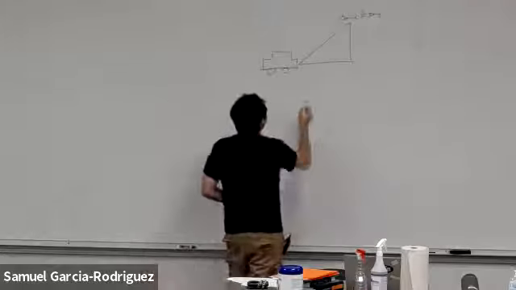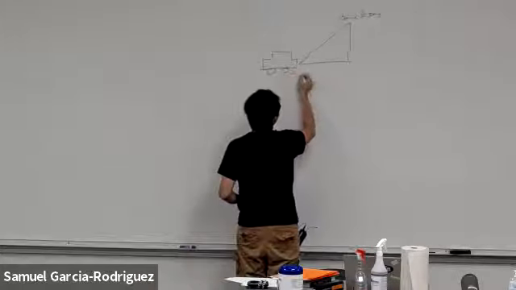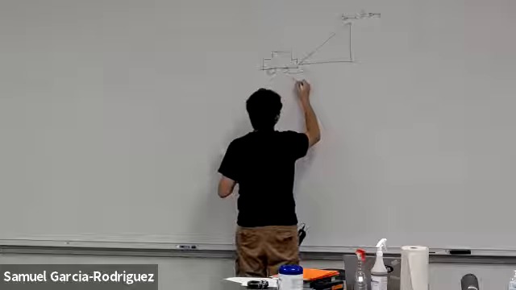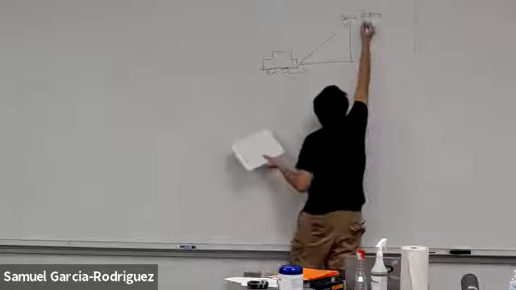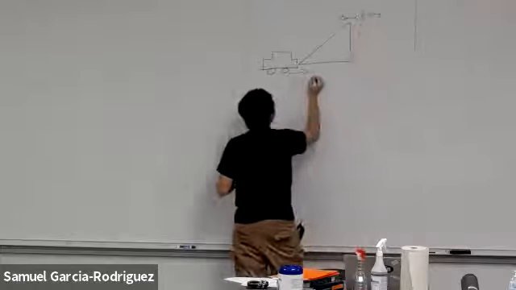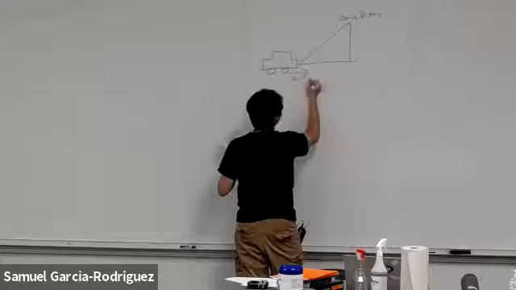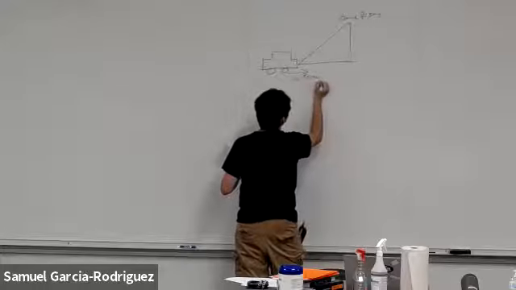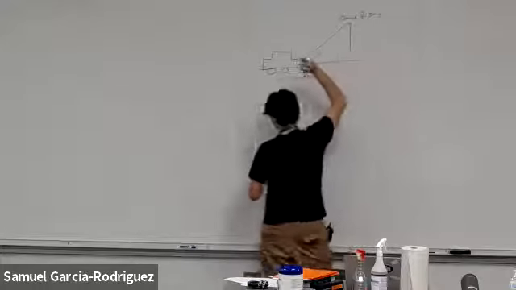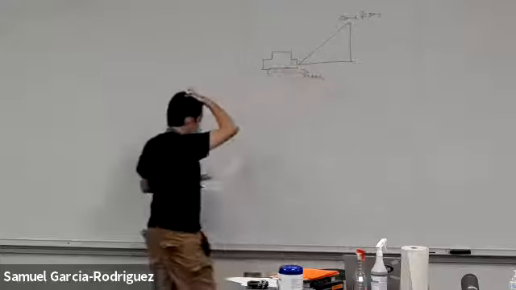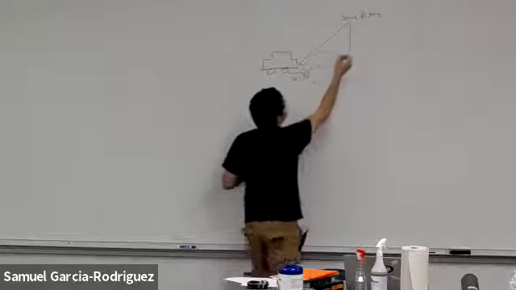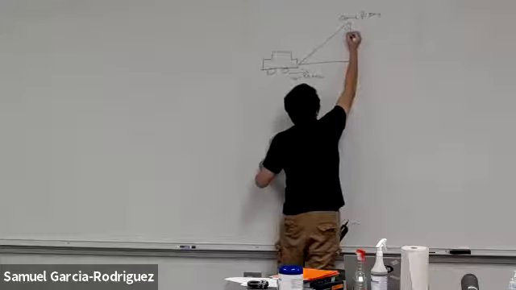Okay, so this person, I guess, is traveling. I want to say this is V car. This is V skydiver. This one is going 50 kilometers an hour. Now it's 30 meters per second. And I want to find the angle from the vertical. So that's this little place over here.